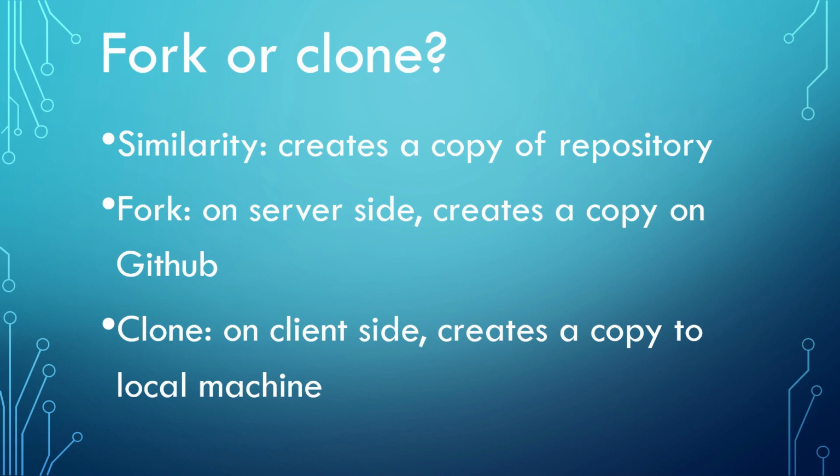On the other hand, clone a repository is to get a copy of the repository to the local machine. Its primary purpose is to make changes to the code and contribute back to the original repository. At this stage of the tutorial, we will only deal with cloning a repository to a local computer.